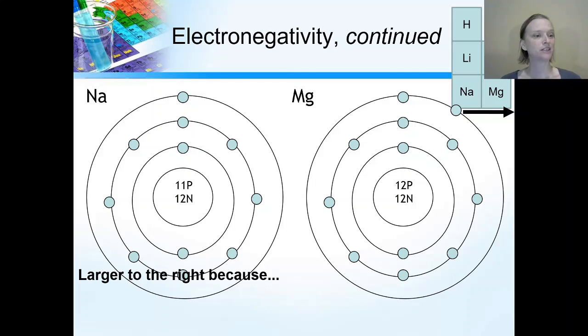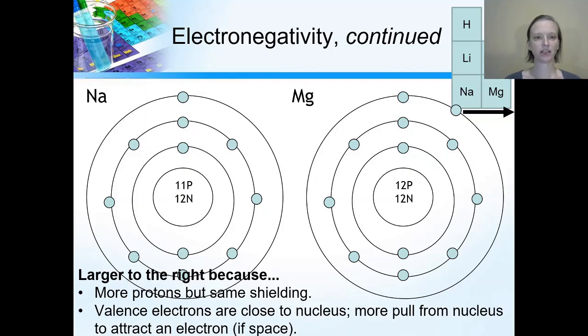Why is electronegativity highest as you move to the right? Because there are more protons but the same amount of shielding. Therefore, those valence electrons are close to the nucleus. So it's easier for that nucleus to use its attractive force to attract electrons, so long as there's room in the valence shell.